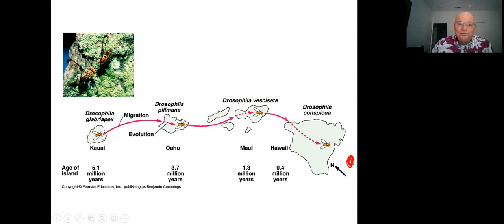What's impressive about the fruit flies is that there are nearly 500 species of fruit flies endemic to the Hawaiian Islands because of the multitude of different habitats that are present, because the islands are relatively young and they're still geologically active. And so you see many environments for the fruit flies to occupy.